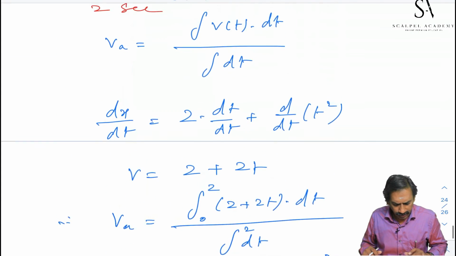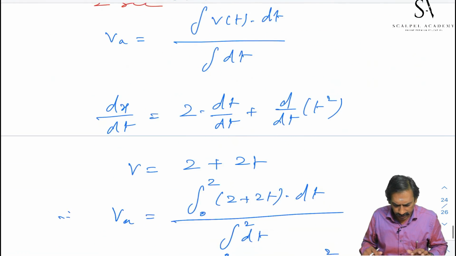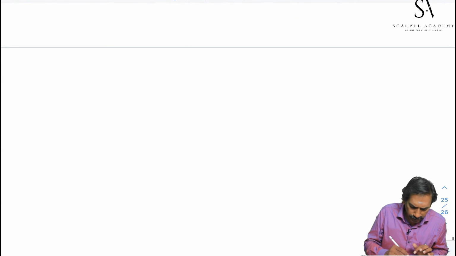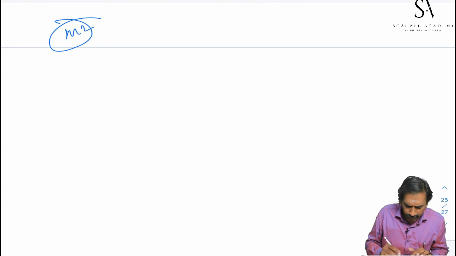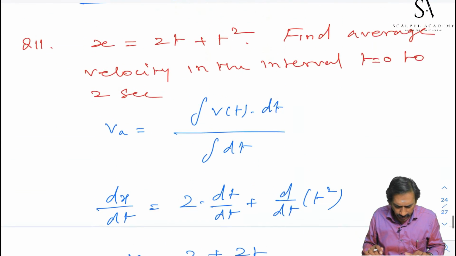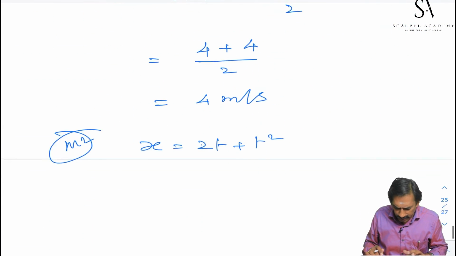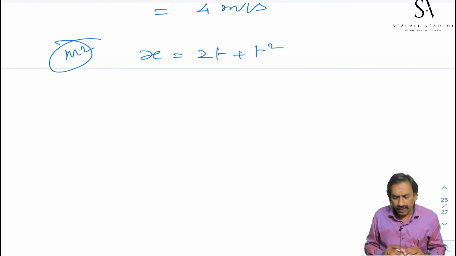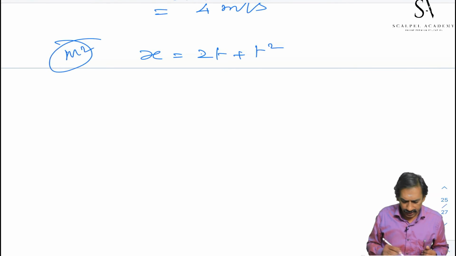Students, shall we learn another method? We go to method 2. Displacement is given as 2t plus t square. Am I right? Shall we calculate what is the displacement after 2 seconds?